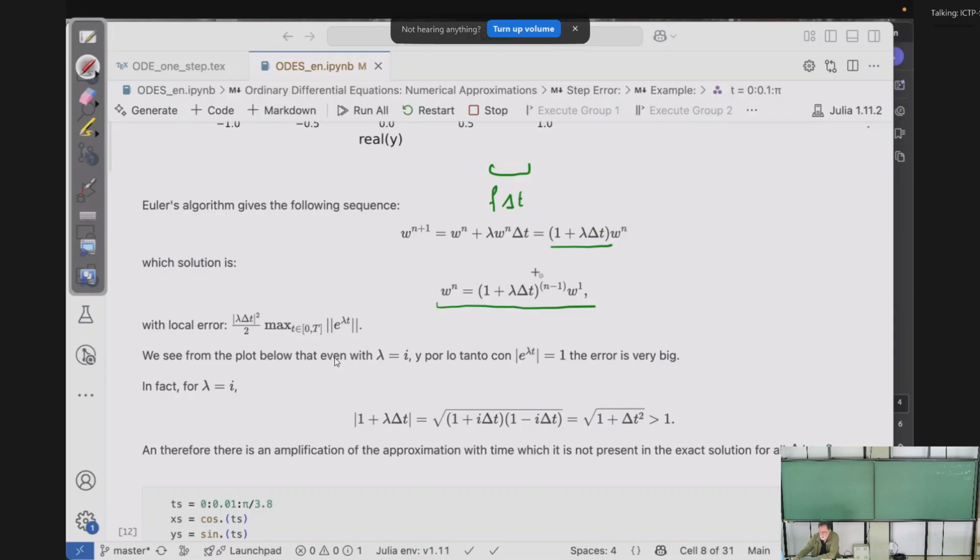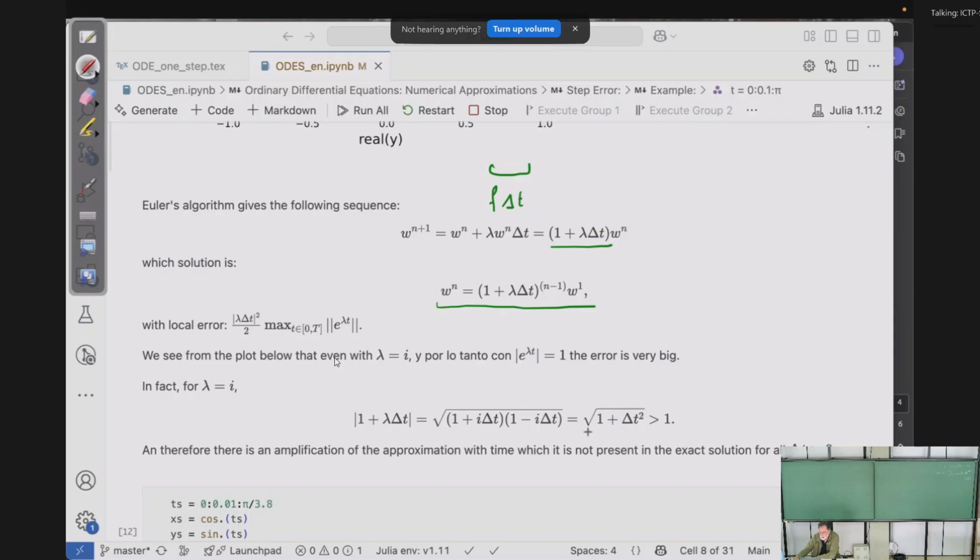Now, we can compute this value for lambda equals to I, and you get this value here given like that. So there is a plus and a minus sign, so you get 1 plus delta t squared.